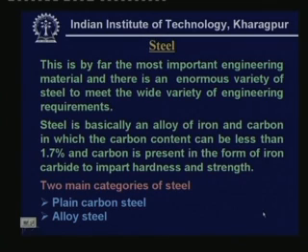Normally, we have two categories of steel: one is plain carbon steel, another is alloy steel. Plain carbon steel is not very expensive and is used for general purpose machine elements.